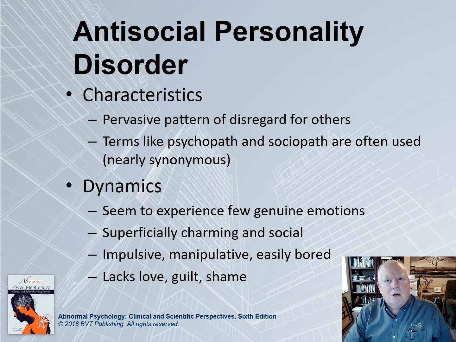The DSM, starting with DSM-3, focused on observable behaviors so that we could get better inter-rater reliability. But with antisocial personality disorder, the observable behaviors were things like getting in trouble with the law, being delinquent, and some people who get in trouble with the law or are delinquent have antisocial personality disorder. But there are also people who get in trouble with the law without antisocial personality disorder.